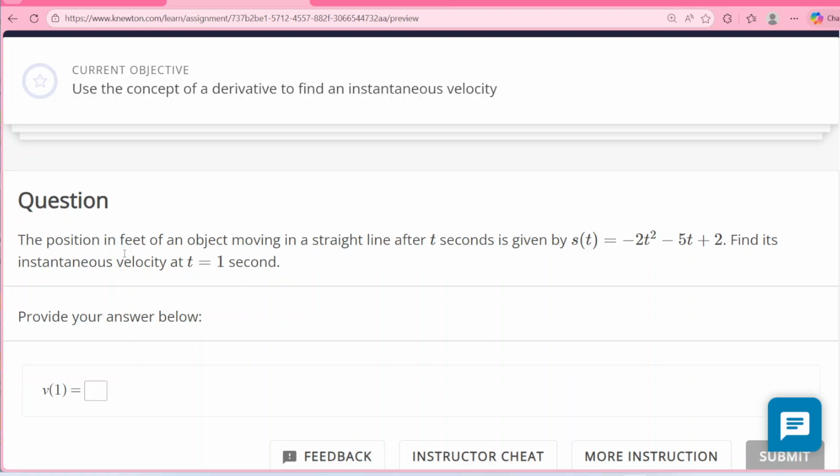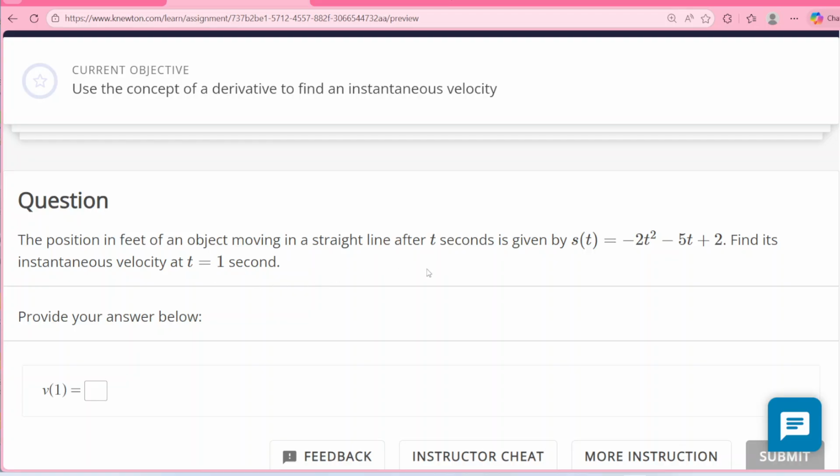So here, the position in feet. So s of t, s represents position in feet of an object moving in a straight line after t seconds. So t represents time in seconds. It is given by this function here, a nice quadratic function. You're asked to find its instantaneous velocity at t equals 1.